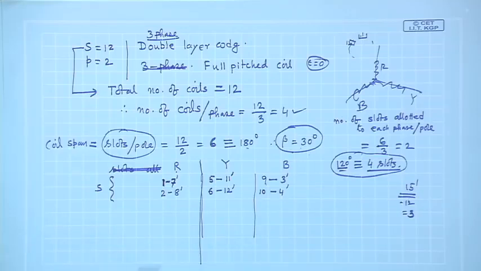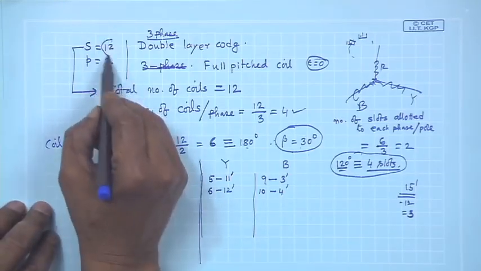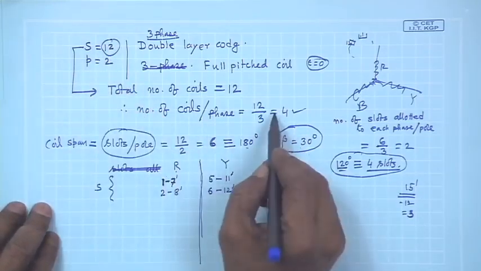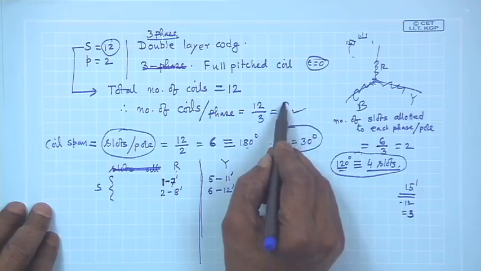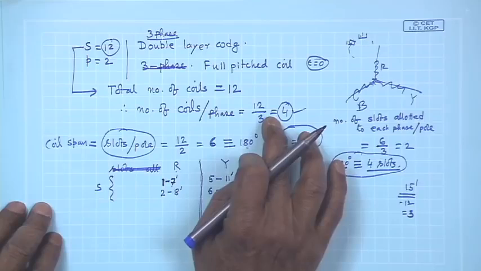Now the question is, but before doing all these things, I knew that total number of coils will be 12 and each phase will have how many coils? Total coils will be 12 because double layer. So, number of coils per phase should be, if you count them at the end, 4.